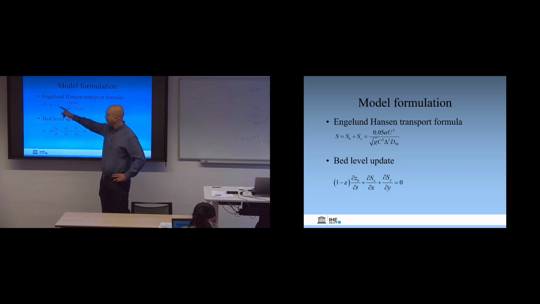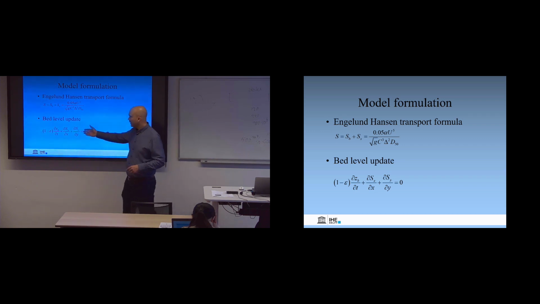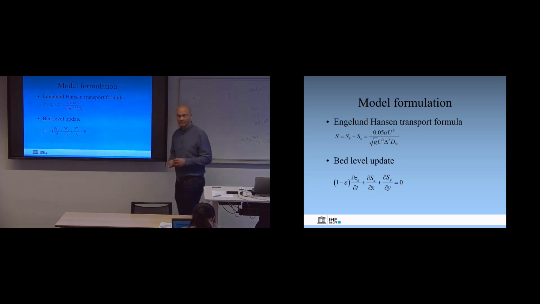And if you know the gradients of the sediment transport in space, every time step, if you have a cell and sediment is going out, you know that there's erosion, and if there's sediment coming in, there's deposition. Yeah, you can calculate bed level.